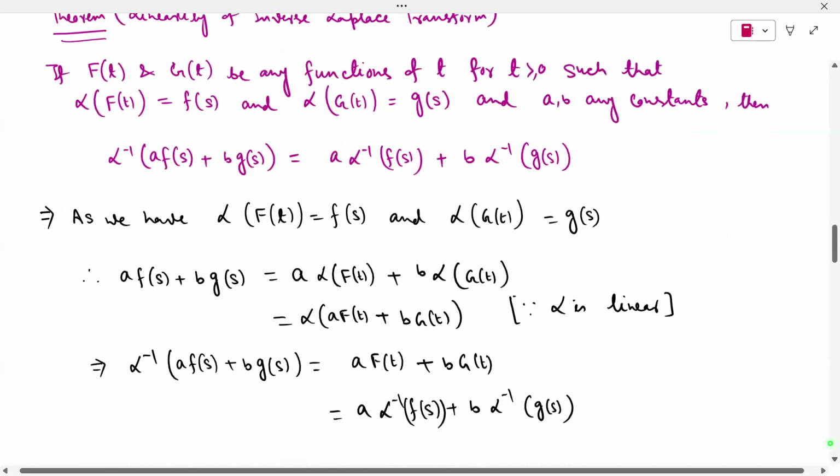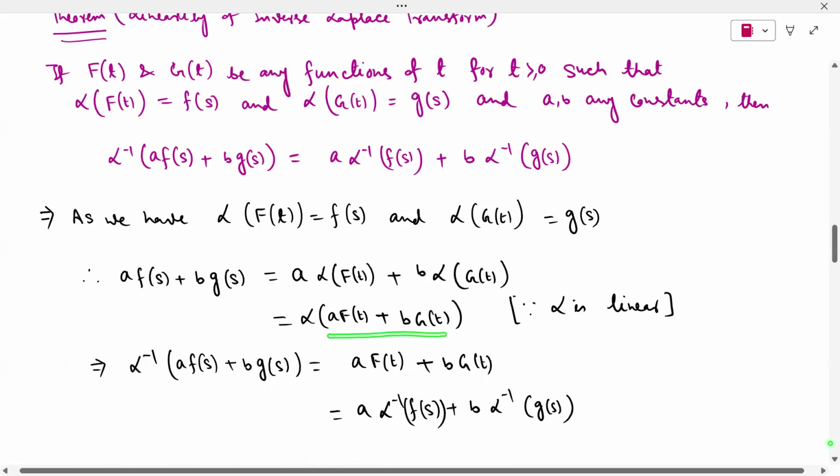So proof. As we know that Laplace transform of f(t) equals f(s) and Laplace transform of g(t) equals g(s), we start from this point. Write a f(s) plus b g(s). It can be written as a times, f(s) can be written as Laplace transform of f(t) and g(s) can be written as Laplace transform of g(t) by definition. Already it is given here. Laplace transform is linear, so I can take this sum inside and add them together.